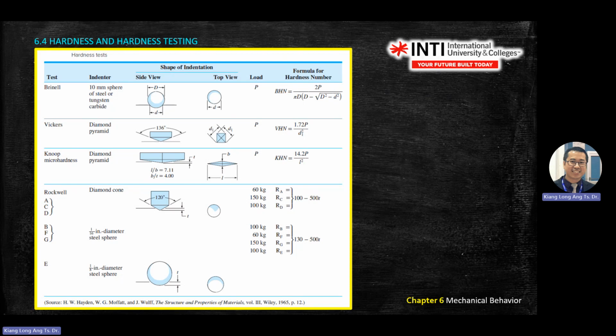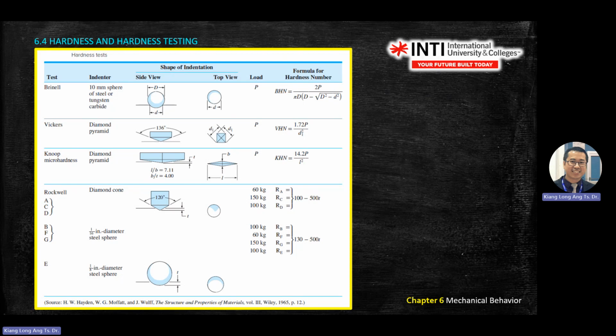When you have a pyramid indenter, we call it the Vickers test. You'll see a square or diamond shape. You measure D1 and D2. Usually for the same material, you will see almost the same D1 and D2. The machine will measure D1 and D2 twice, the diagonal distances.